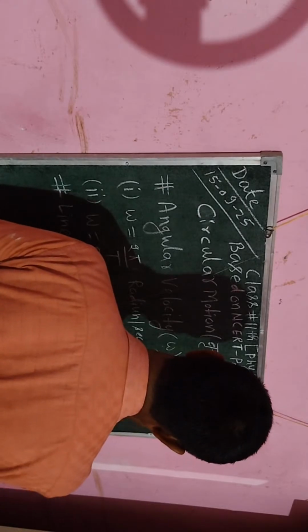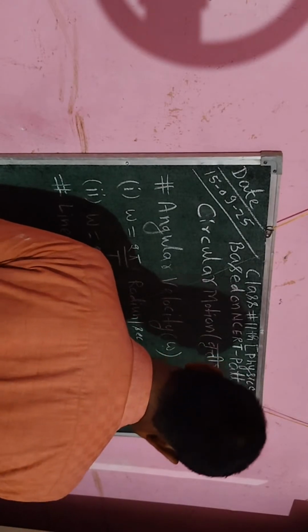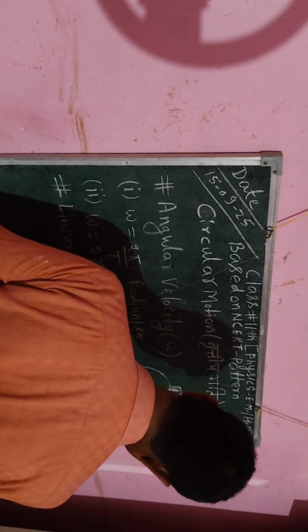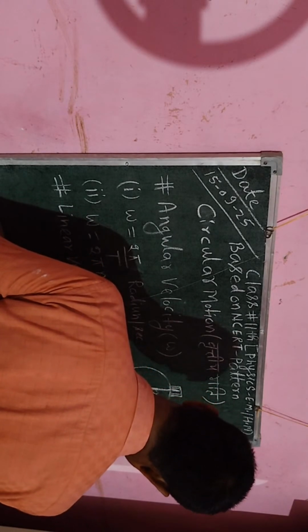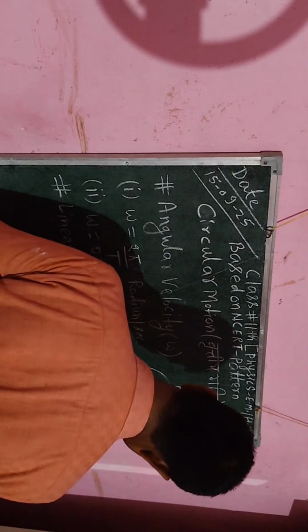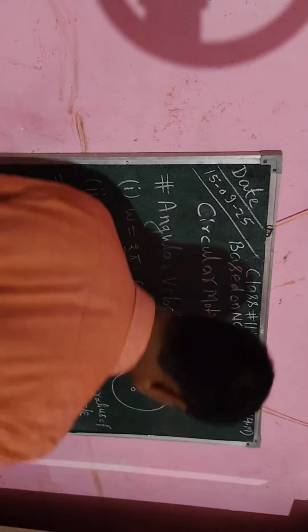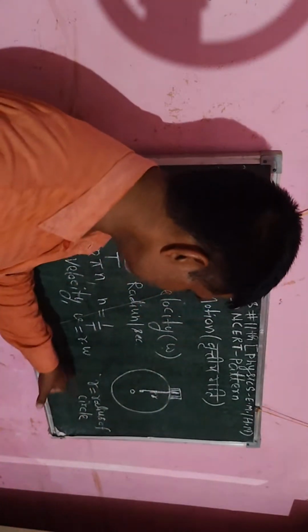This r is the radius of the circle. So r is the radius of a circle.